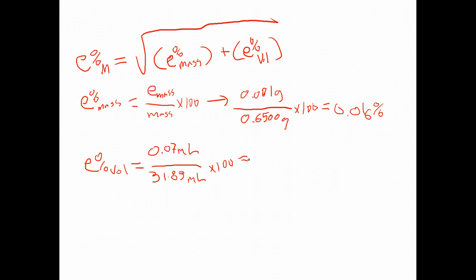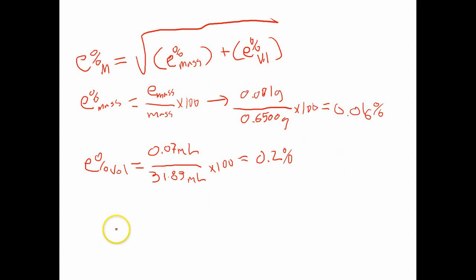This ends up being about 0.2%. So you can see just from looking at these two that the error associated with the mass is 0.016%, which is about 10 times less than the error from the volume. So you can see the major source of the error here is from this volume.